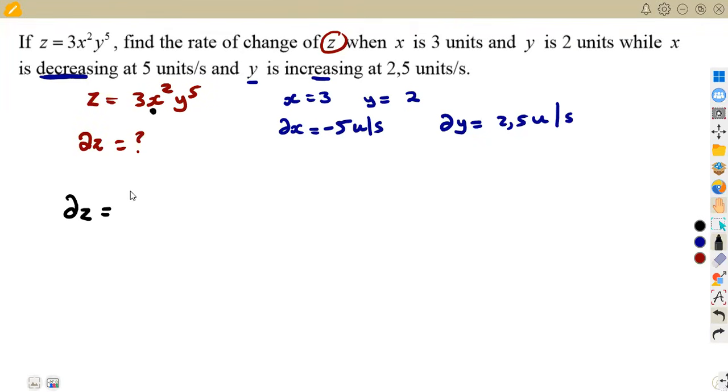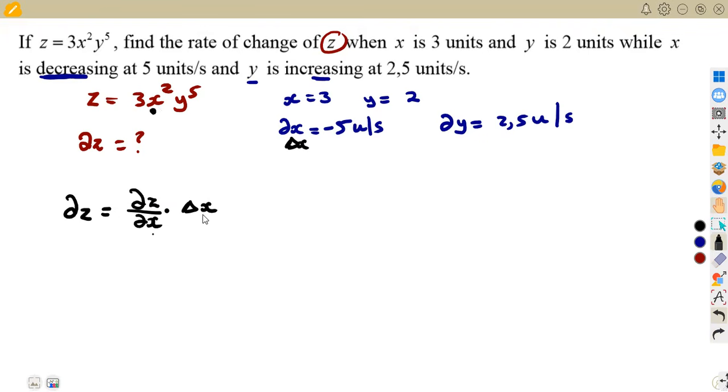So you're going to find the derivative of Z with respect to X, the first variable. You multiply it by the change of X. This one is the change in X, which is what I'm writing here, or you can write it this way, so that you do not have confusion.